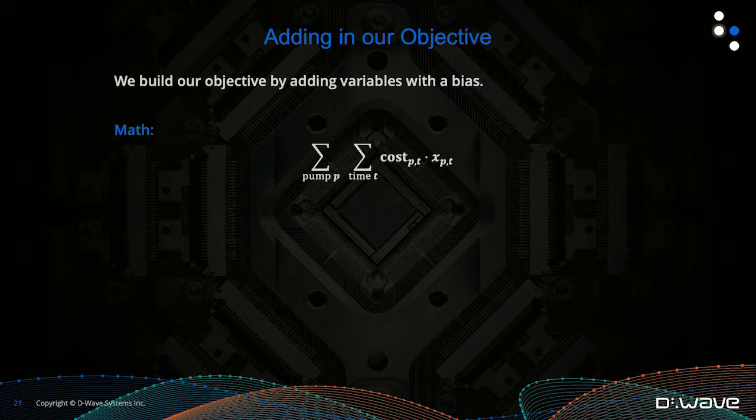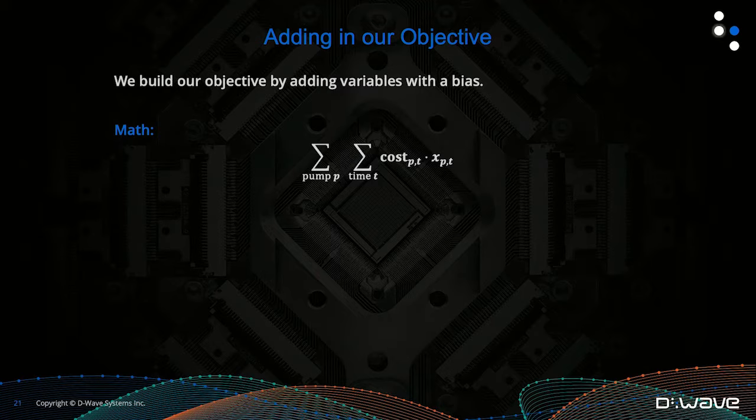Next, we're going to build up this BQM one step at a time. Like I mentioned when we talked about the QUBO development process, we can just add these in one at a time iteratively. We don't need to worry about combining everything on paper or anything like that. We can build this up piece by piece. So let's start with the objective. We're going to build this by adding variables with a bias.